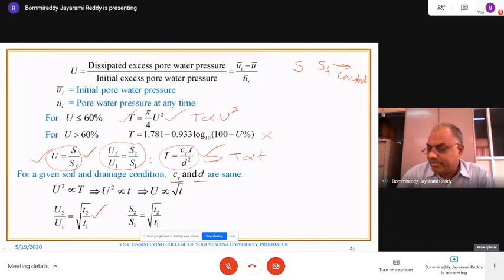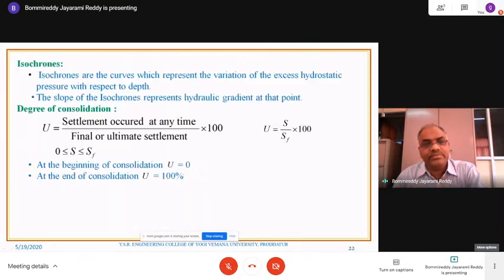And similarly, U is proportional to S because Sf is fixed. When U is proportional to S, you can also write U2 by U1 equal to S2 by S1, which can also be root of t2 by t1. So all these relations are interrelated, and don't memorize too many relations.